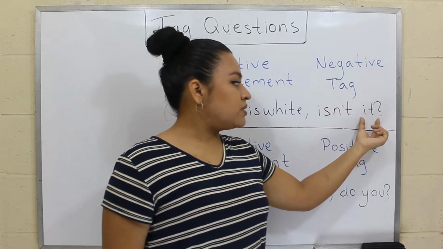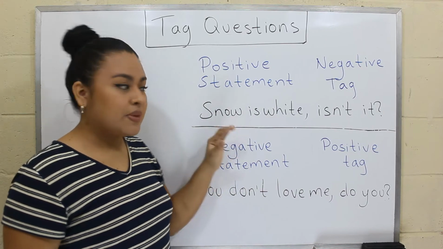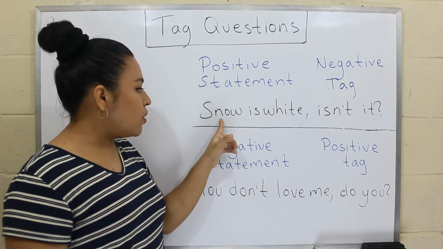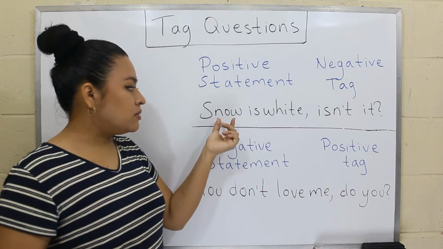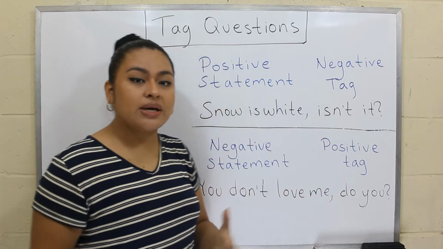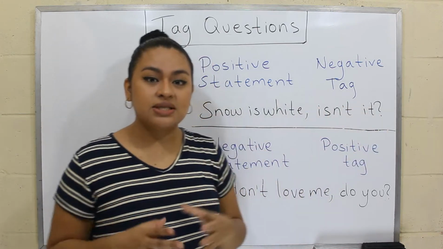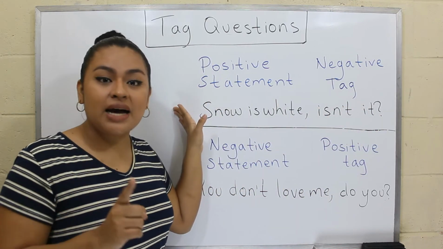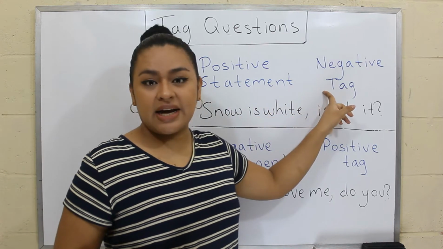And then we use the pronoun equivalent to the subject in the statement. As we are talking about snow, we are going to use it. If we're talking about a girl, we are going to use she. Or if we were talking about a boy, we are going to use he. So this is the basic structure for a tag question with the positive statement and the negative tag.